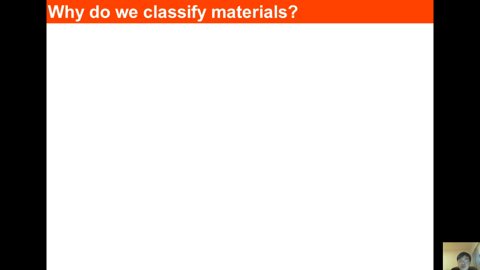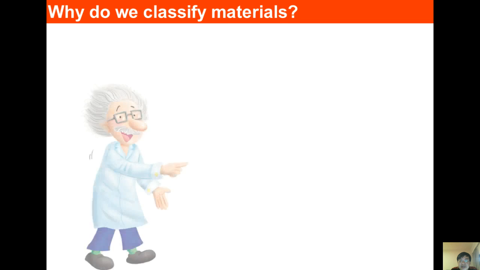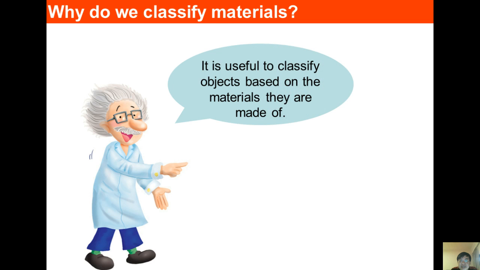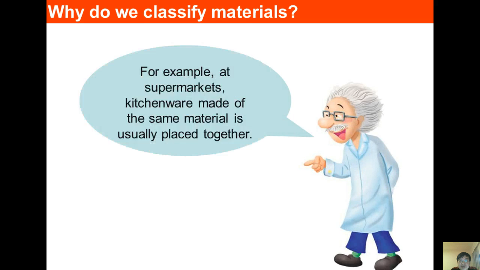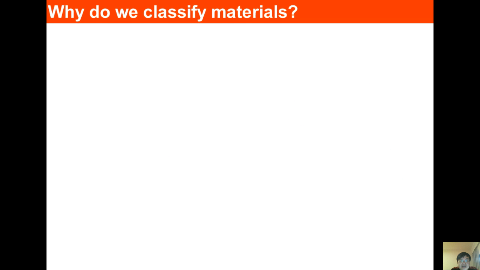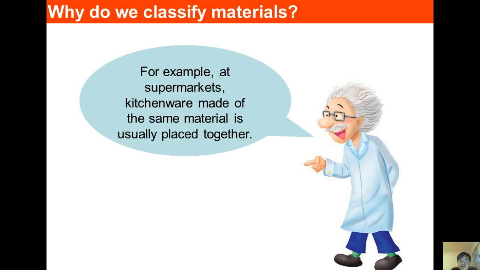Now why do we need to classify materials? It is useful to classify objects based on the materials they are made from. For example, at the supermarket, kitchenware made of the same material is usually placed together.